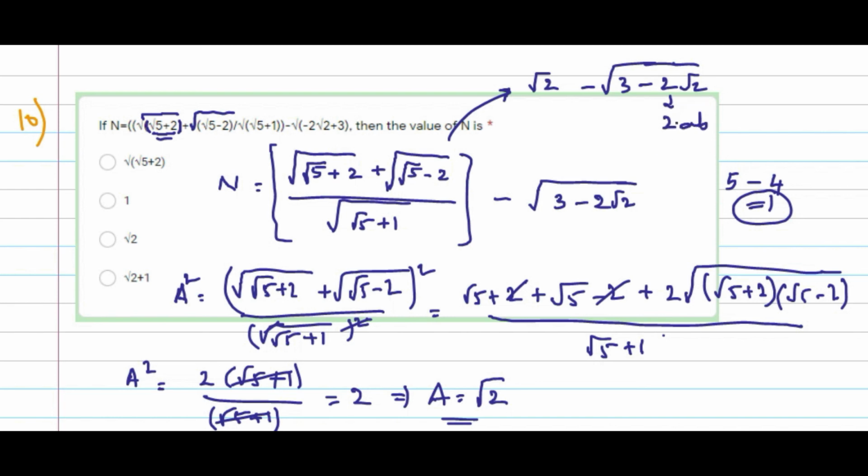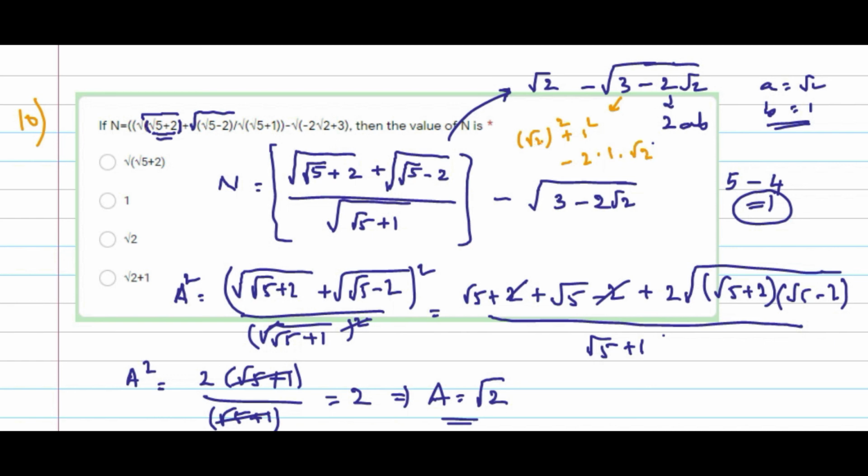The 2 and 2 will get cancelled, and maybe a may be root 2 or b may be root 2. The other thing will be 1 obviously. So let me take a equal to root 2 and b equal to 1. What will be this part? Let me change the color. This part may be equal to root 2 square plus 1 square minus 2 into 1 into root 2.